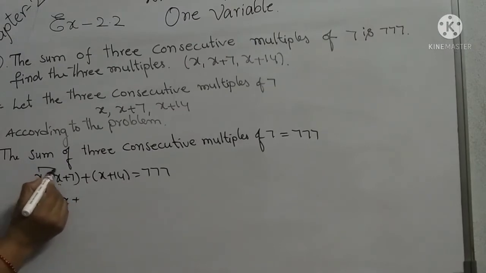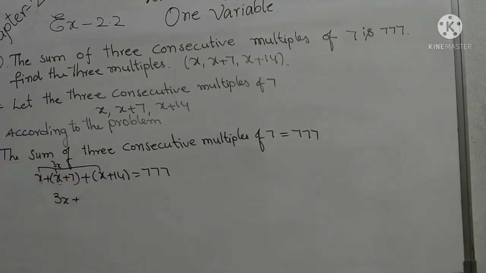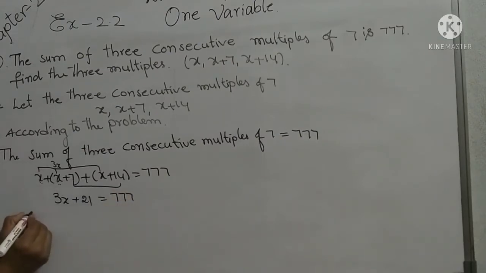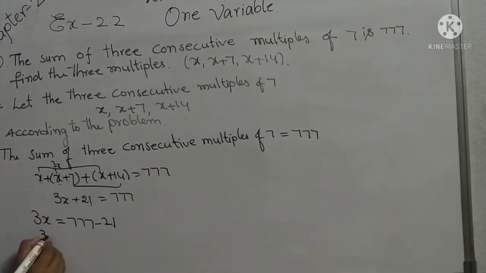Understand that? 3x plus 7 plus 14, 21, is equal to 777. So here 3x is equal to 777 minus 21, transposed, because positive quantity becomes negative quantity. So here 3x is equal to 756.